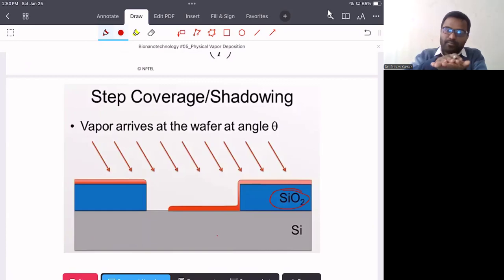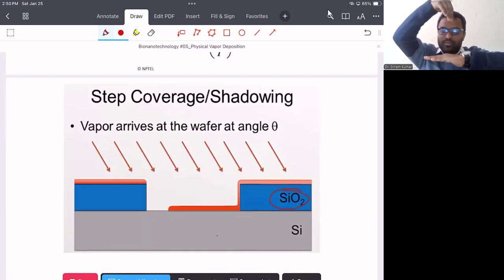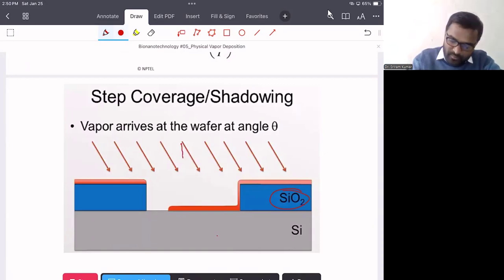We have this planar structure, and the vapor is coming onto it at some particular angle. If you see the vertical, we are getting the vapor on the substrate at some theta angle. Let's understand whether that theta affects the deposition.